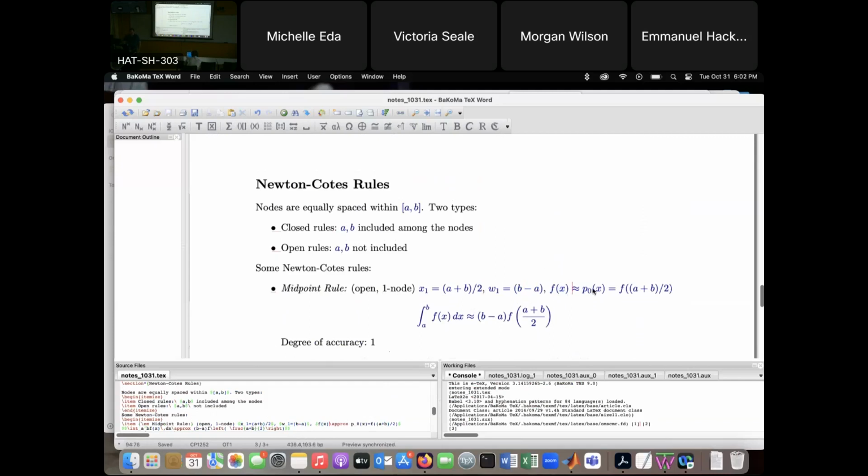So in that case, that would be degree 0. So it's just f at the midpoint. So this is the whole quadrature rule right here. You're approximating the area under a curve by the area of a rectangle. The width of the rectangle is b minus a, the width of your interval. And then the height is given by the value of f at the midpoint.